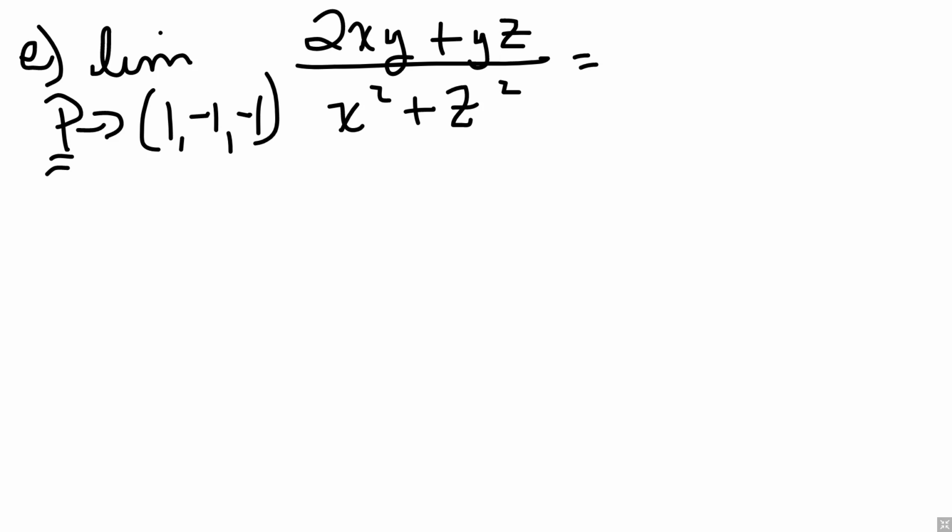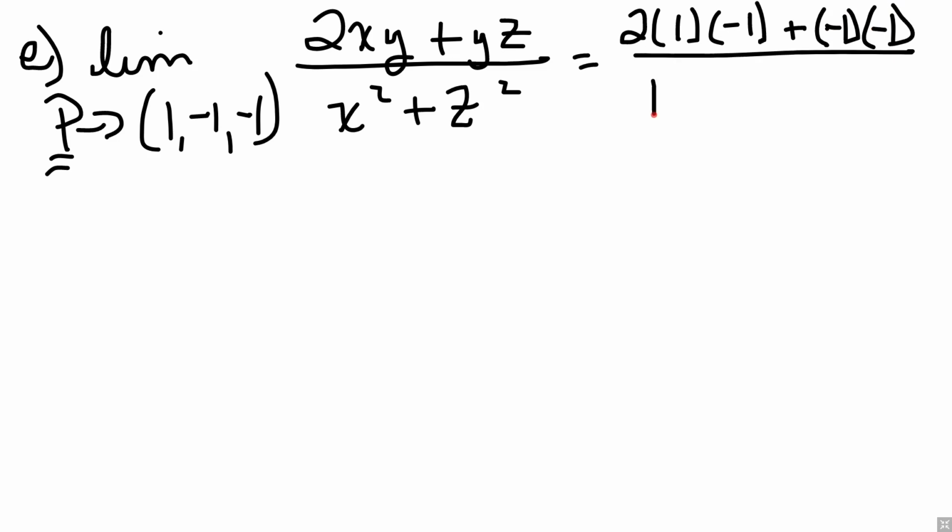So if we plug in, we're going to have 2 times 1 times negative 1 plus negative 1 times negative 1, over 1 squared plus negative 1 squared. If we clean it up, for the numerator, what does that simplify down to?